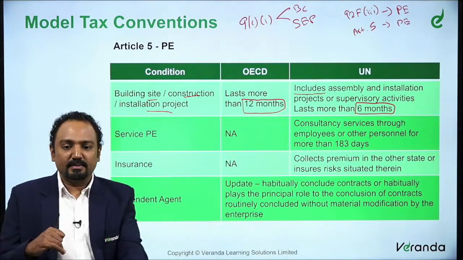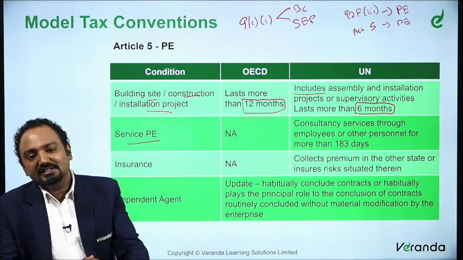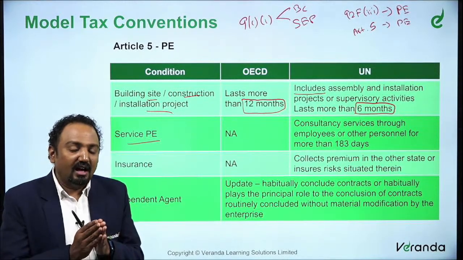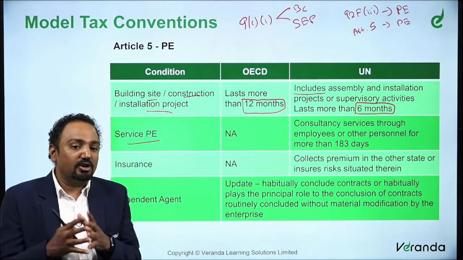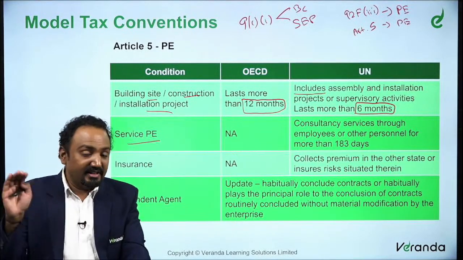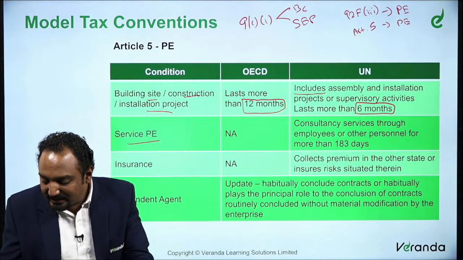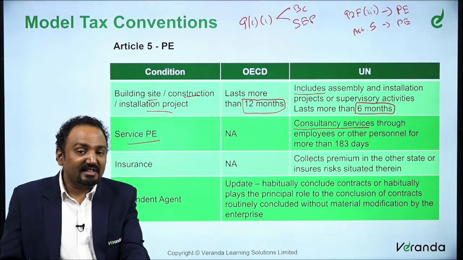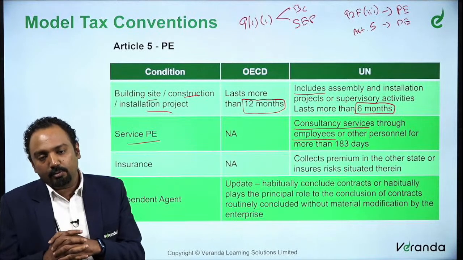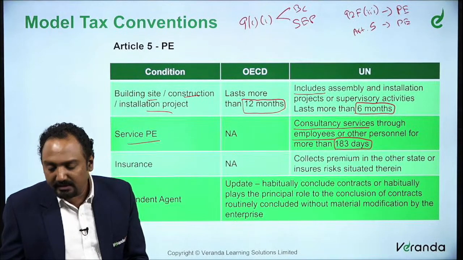Coming back to permanent establishment, the next concept defined is service PE. What is this service PE? Whenever there is a permanent establishment with respect to service, not manufacturing, it is related to services. This service PE is not defined in OECD, but United Nations says if it is a consultancy service through an employee, one or multiple employees, for more than 183 days, so something like 6 months.